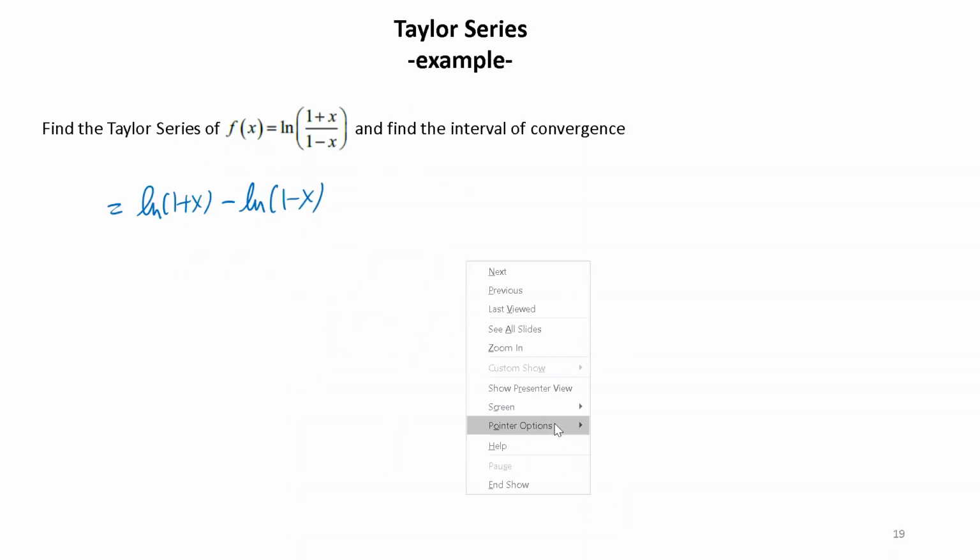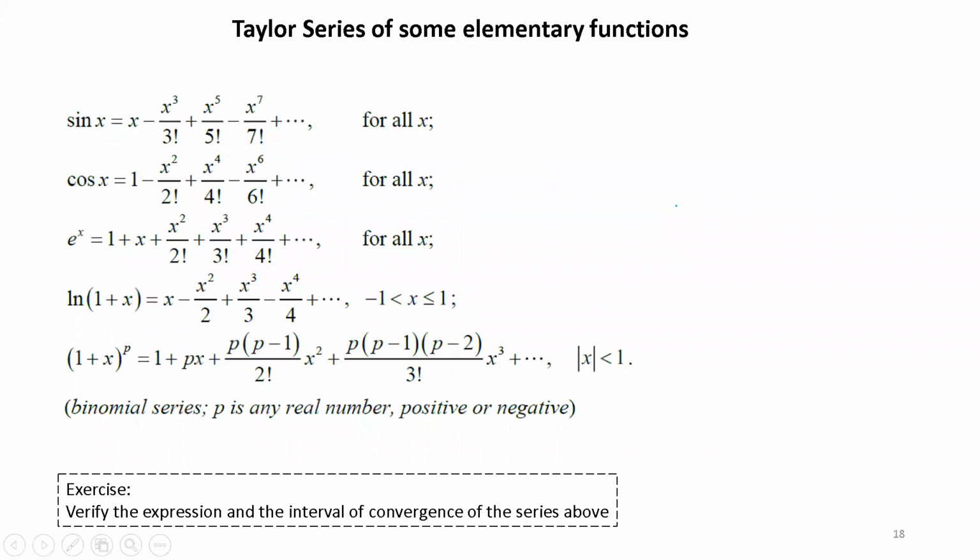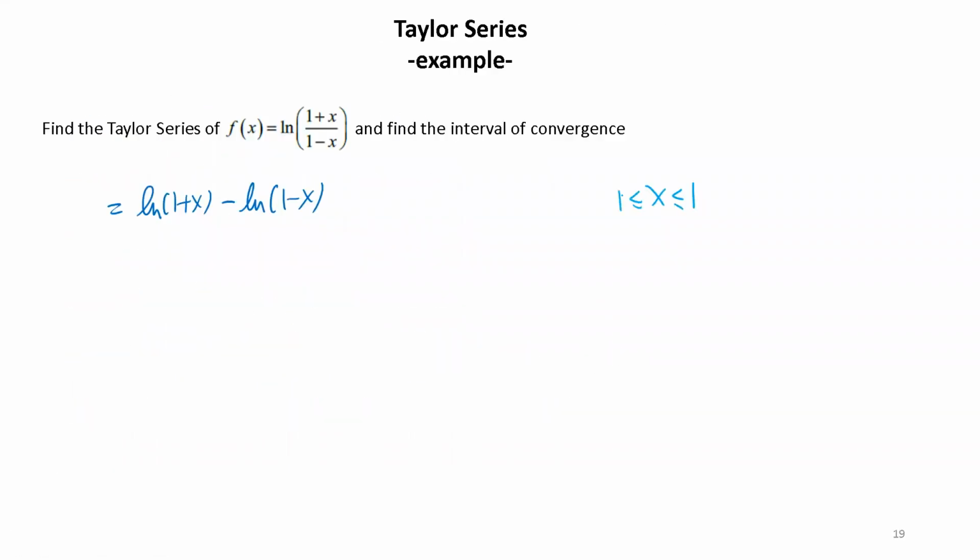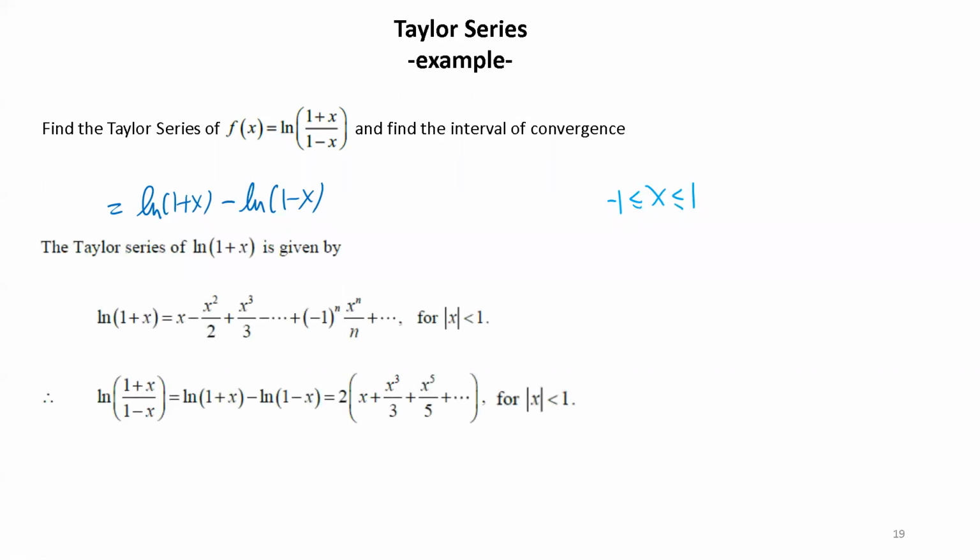That means the common interval of convergence is just this. So as long as you consider any value of x within this region, you can do the term by term subtraction for these two series and get your result. So this is just the answer over here.